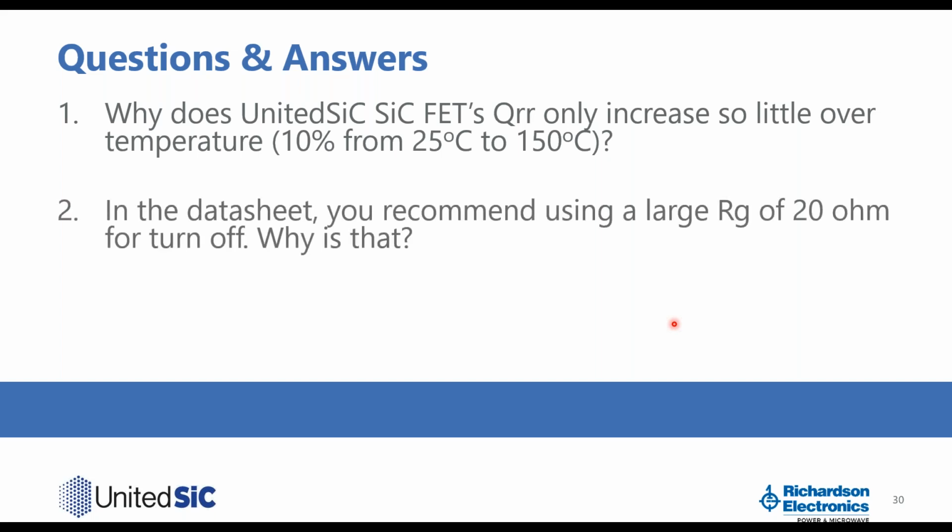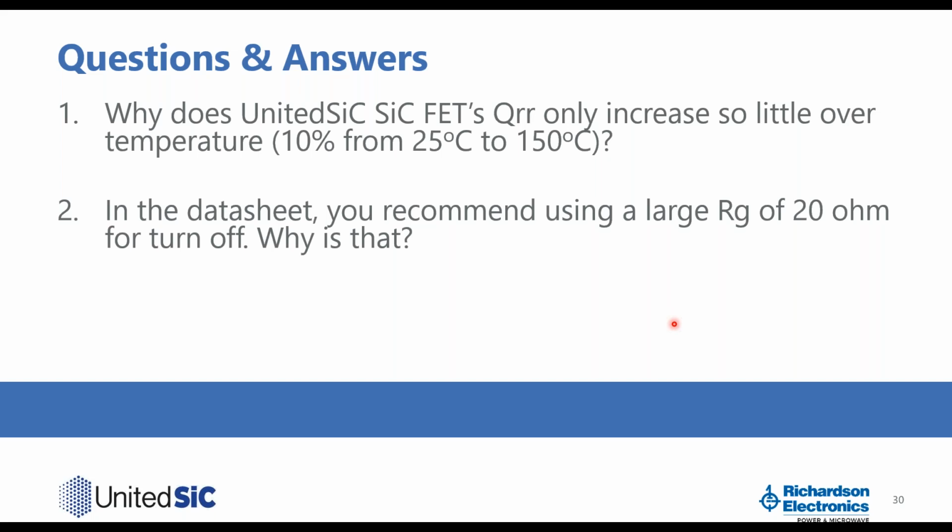The second question is, in the datasheet, you recommended using a large RG of 20 ohms for turn-off. Why is that? This is because the UnitedSiC silicon carbide FET has a very small CGD, so it tends to turn off very fast. It's a very fast switching device, which also gives you very low turn-off loss.